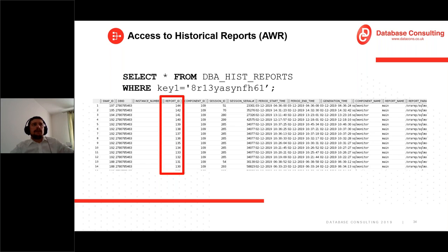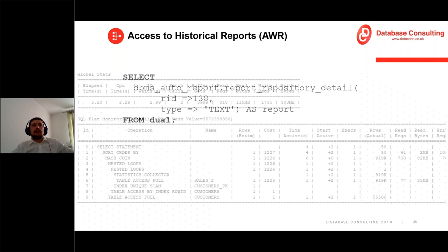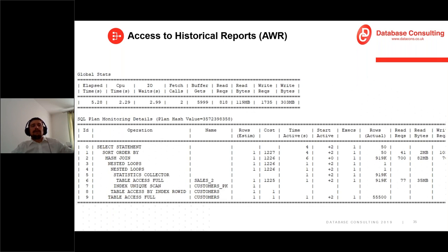And there is the report ID. And we provide this report ID to the REPORT_REPOSITORY_DETAIL function from the DBMS_AUTO_REPORT package. And there is an example of the output.